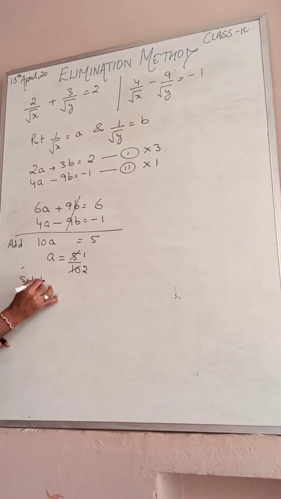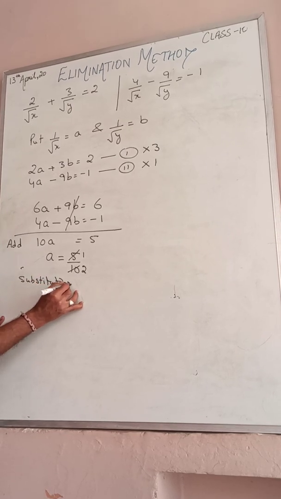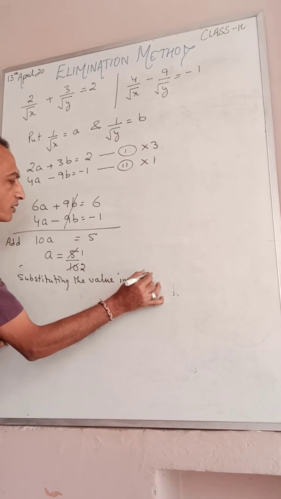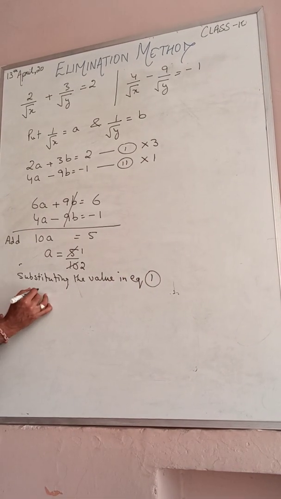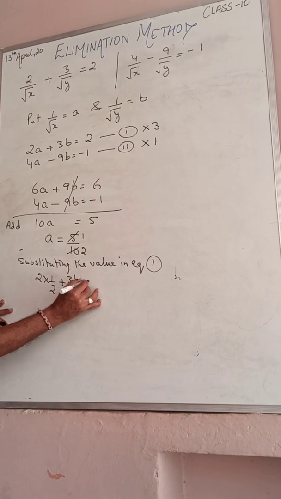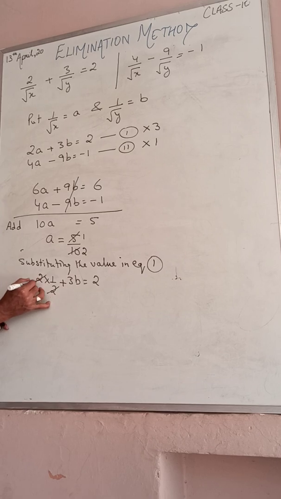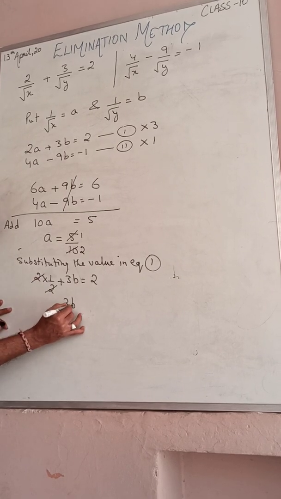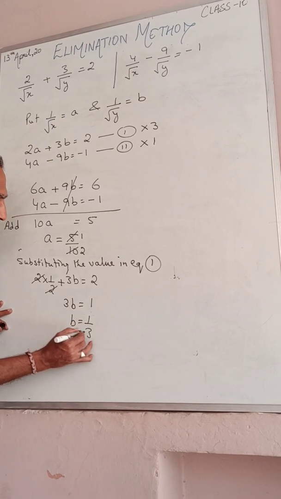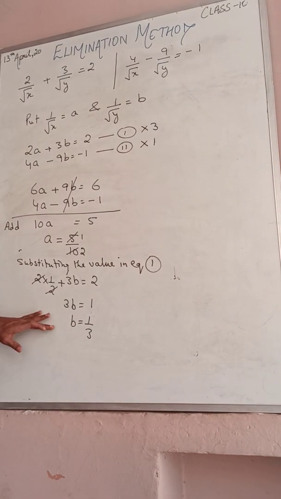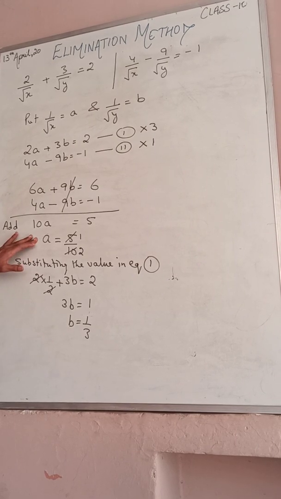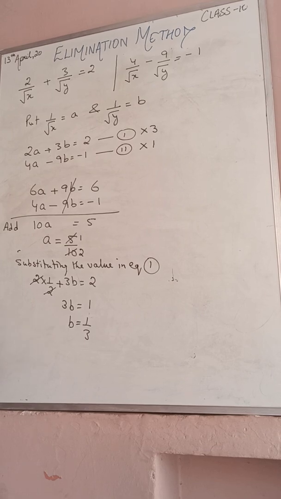Substituting this value in equation number 1, I get 2 into 1 upon 2 plus 3b equals 2. 2 gets cancelled. I get 3b equals 1, or b is 1 upon 3. But a and b were never there in the main question. Therefore, I apply the original values of a and b back.